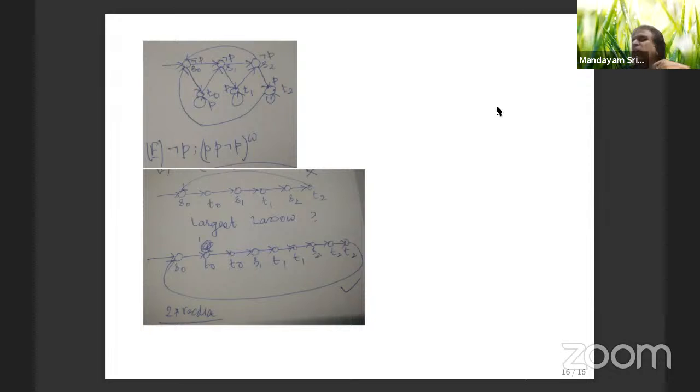So the smallest path as a witness to an E LTL formula, if it can be shown as a lasso without repetition, then you will get it within the recurrence diameter. If you have to consider repetitions, then you will have to look beyond the recurrence diameter, correct? Yes, that is one way to look at this.